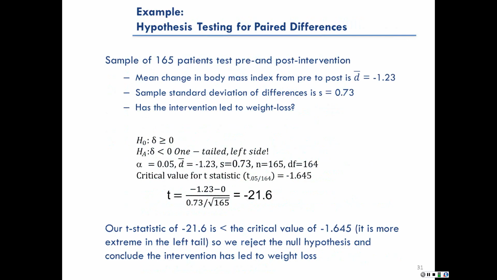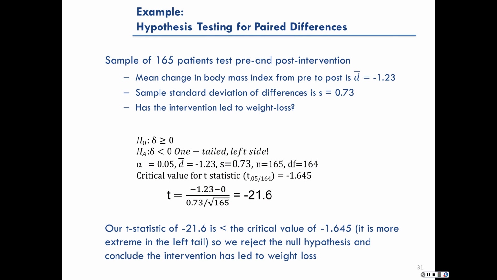So let's walk through an example here. Let's say we have a sample of 165 patients who were tested pre and post intervention. Let's say it was a dietary intervention, and the mean change in their body mass index from pre to post is negative 1.23, so their body mass index went down. The sample standard deviation of differences has already been calculated, and it is equal to 0.73. Our question is, has the intervention led to weight loss?